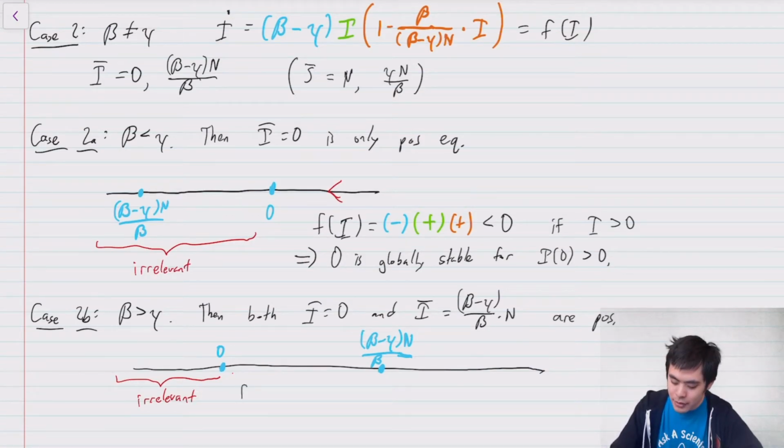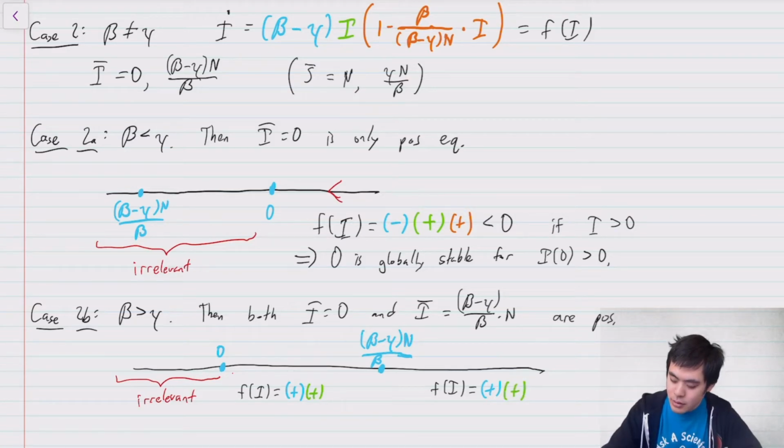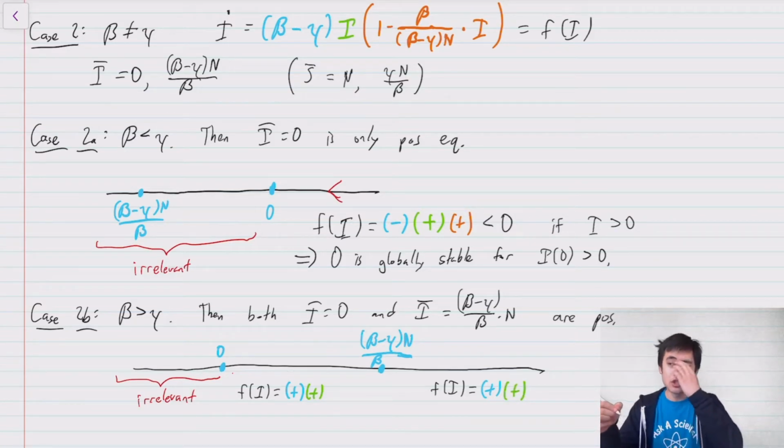So here we have f of I is equal to, well, if I is between these two numbers, beta minus gamma is always going to be positive. I is always going to be positive, and this is true for both this range and the range when it's greater than that. So these are both positive. But now, of course, we're left with the orange term.